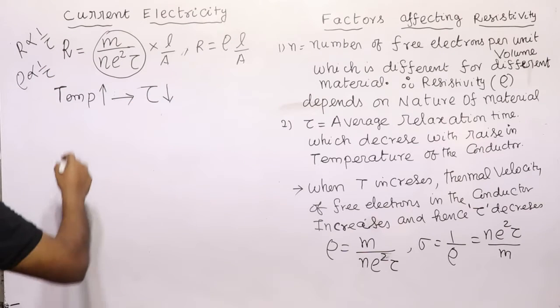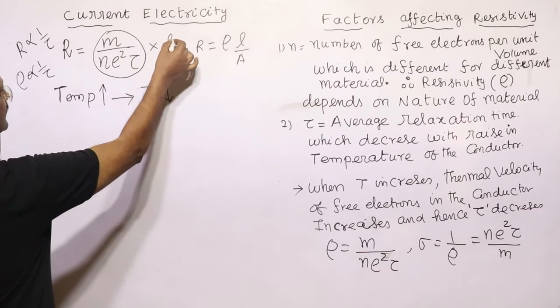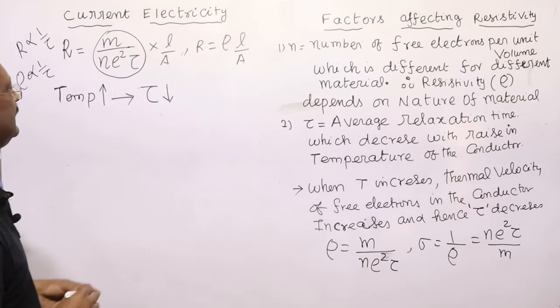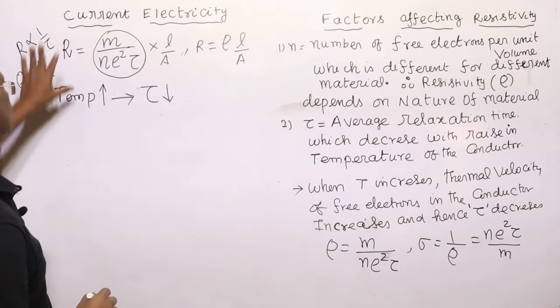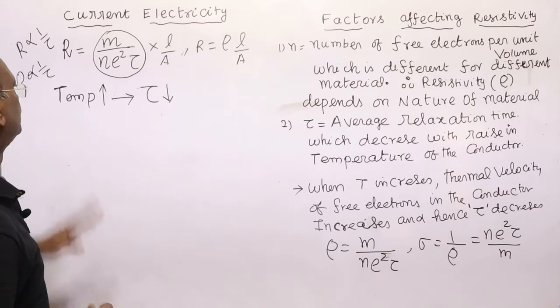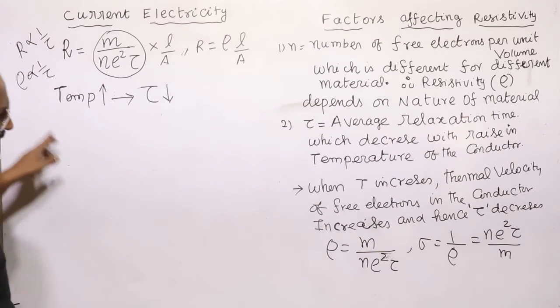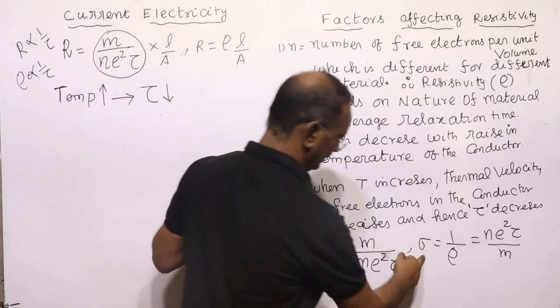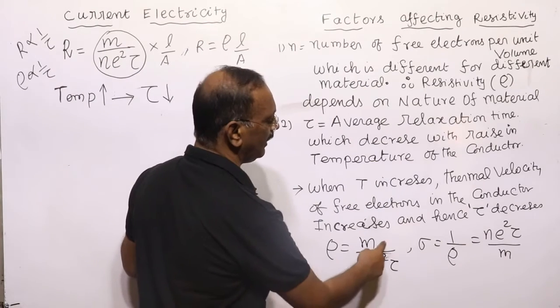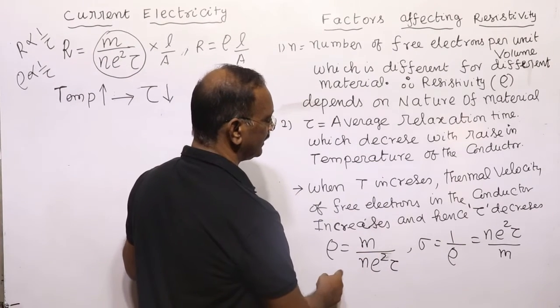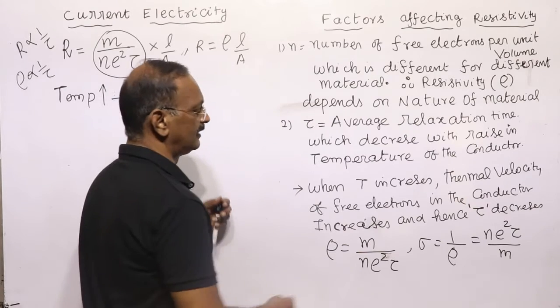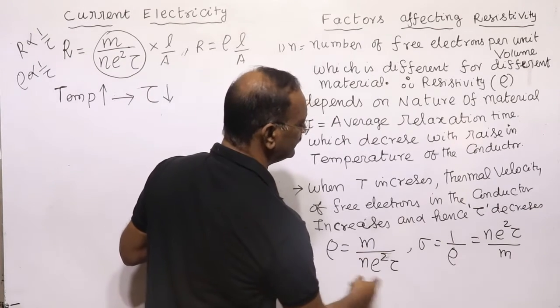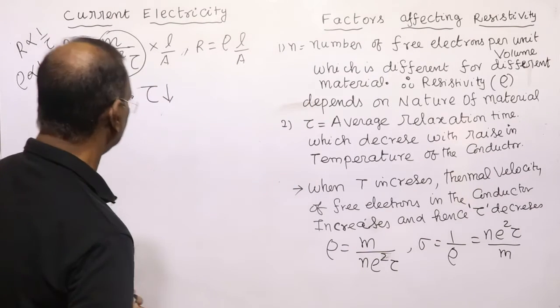The length and area are constant for a given conductor, so resistance is inversely proportional to tau. What about the resistivity? Resistivity is equal to m by n e square tau. Since the rest is constant, resistivity is inversely proportional to tau.